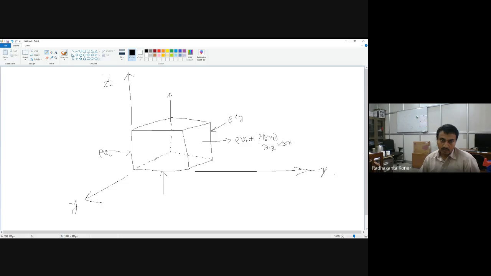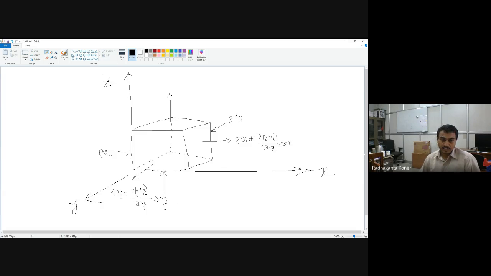So the amount of flow that will occur in this direction will be rho Vy plus del Vy by del y, del y.